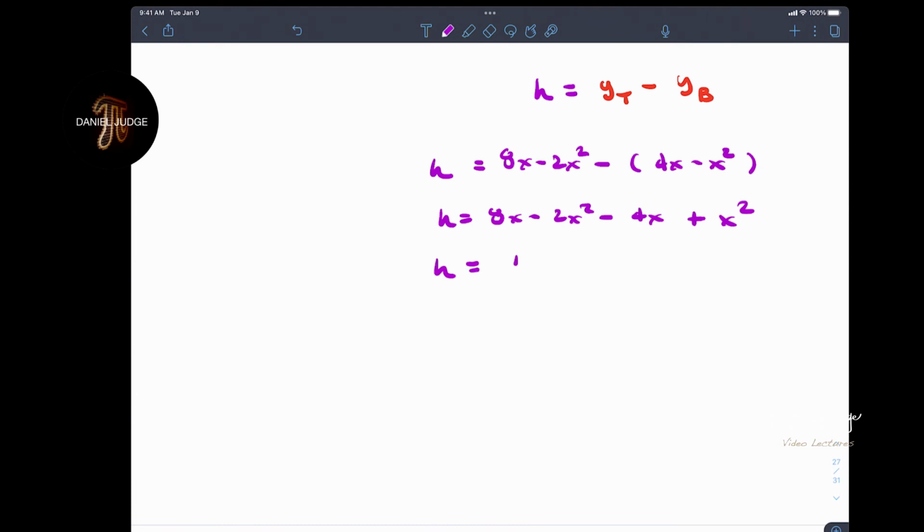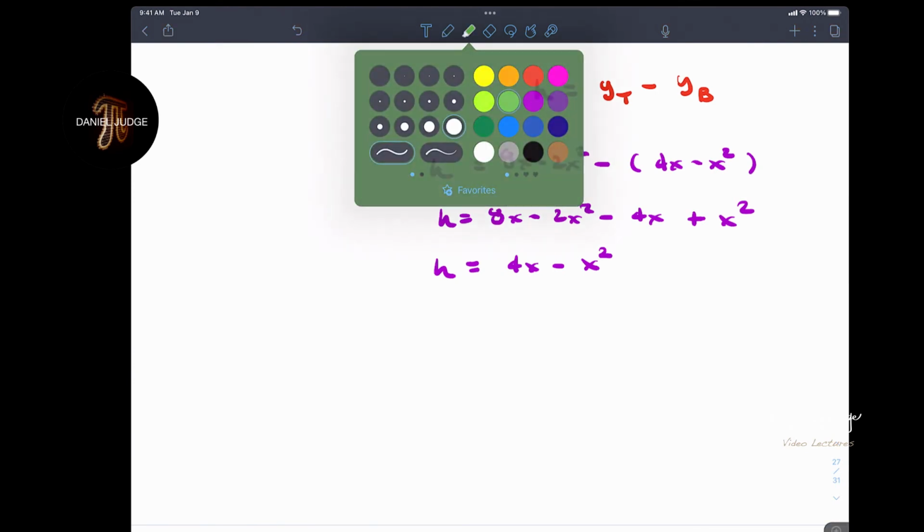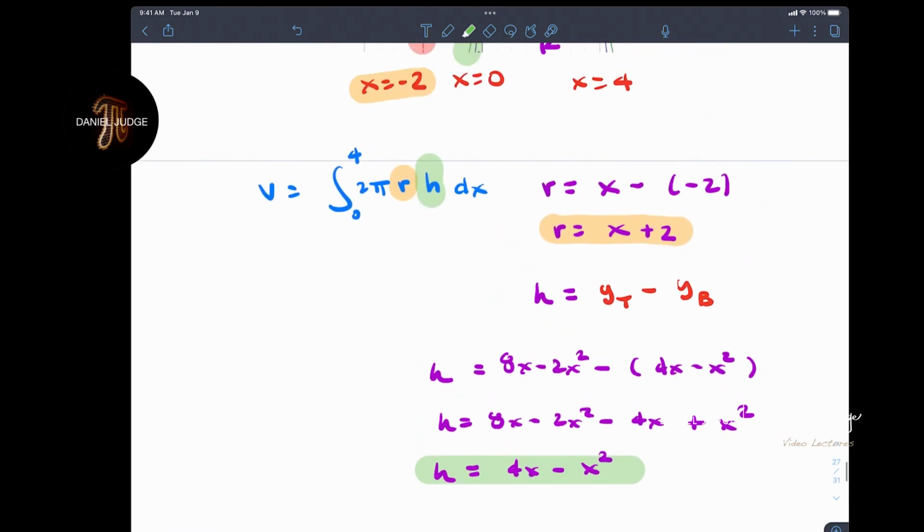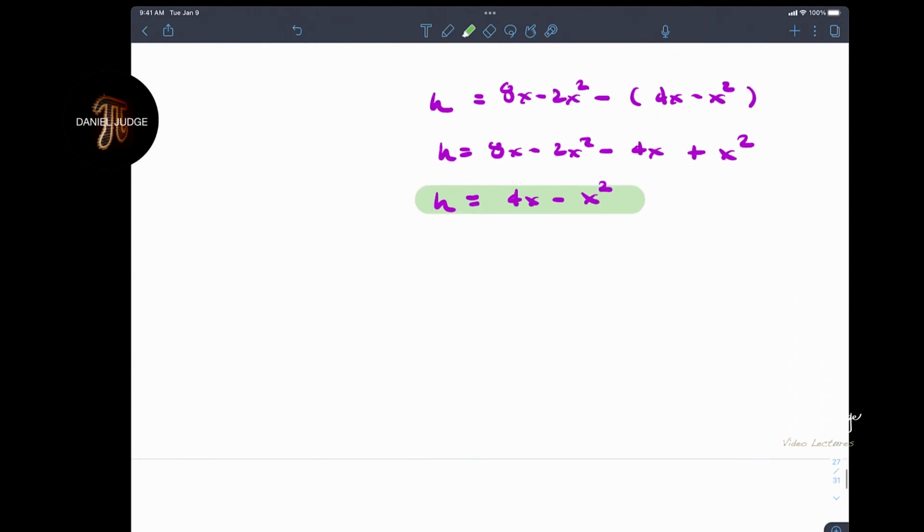So we're going to simplify my height here. Let's double check. Okay. 4x minus x squared.